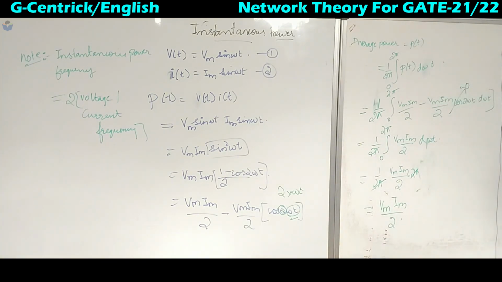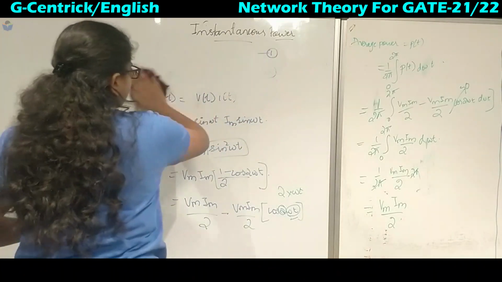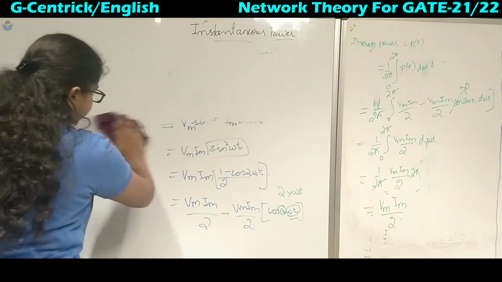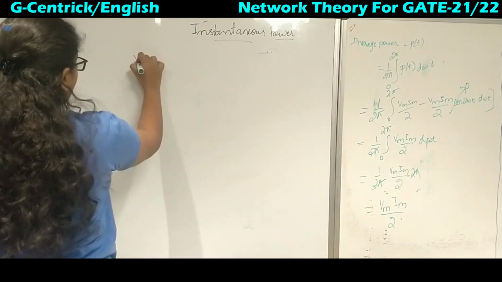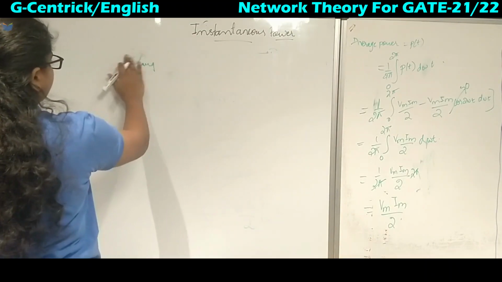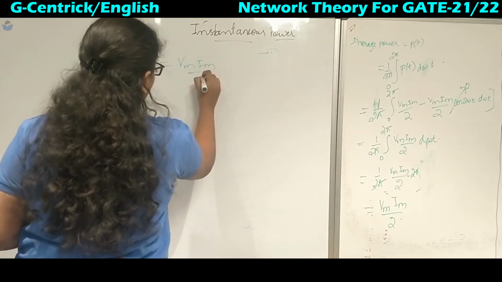So this is the average power. So what we have got? Vm into Im upon 2 is the average power. So P average is equal to Vm into Im upon 2.